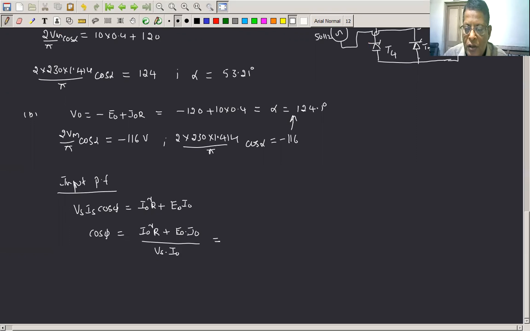Now, if we take I naught common in the numerator, I get R into I naught plus E naught divided by Vs into I naught. I naught gets cancelled. Now how much value you are getting means 0.539 lagging. This is case one.